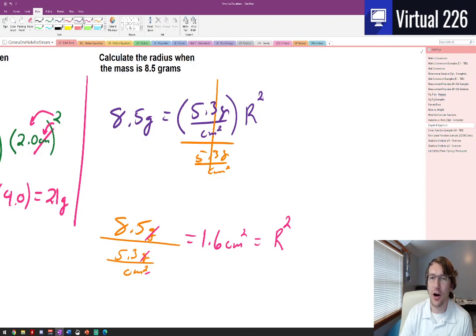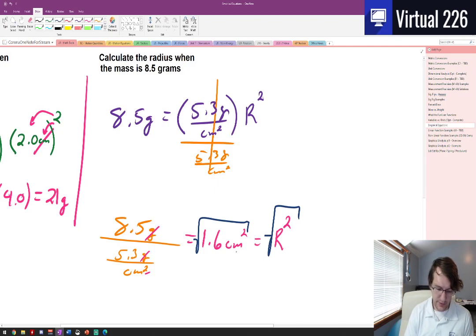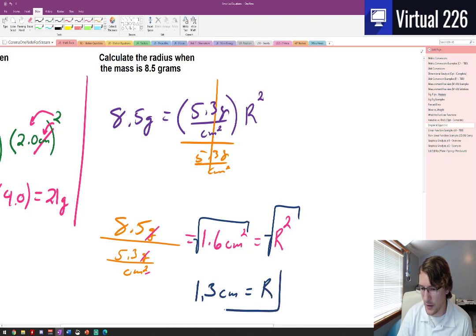To find r, we need to get rid of the square for both the r and the centimeter squared, so we'll take a square root of each side, the radical. So if we take the square root of 1.6, we get 1.264, which with only 2 sig figs here, we'll just call this 1.3. The square root of centimeters squared is just centimeters, and that will give us r.